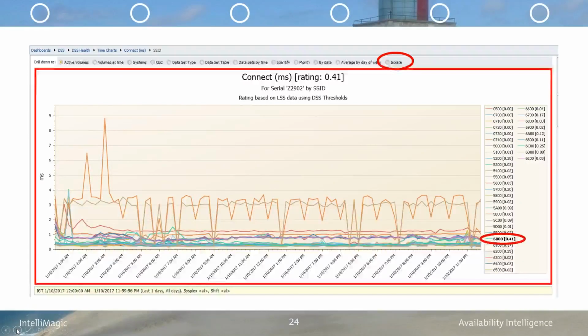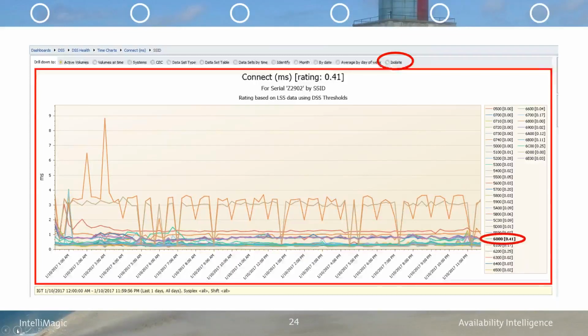From there, we drill down to see if there's a particular SSID on the storage system, and it's just a click. You click on the connect time, set the drill down to SSID, and suddenly you get all the SSIDs on the storage box, all of them rated for connect time. Interestingly enough, when we do that drill down, we see one SSID that has a red rating.